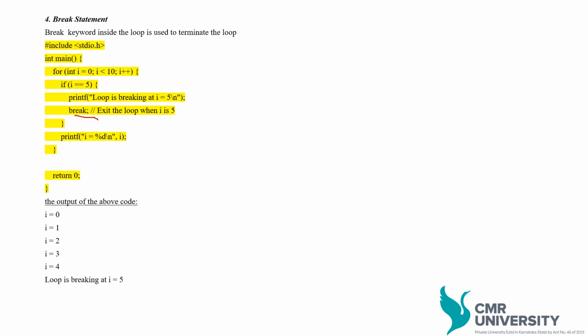When the loop is broken at i equals 5, backslash n means new line, it will break the loop. So again, we can continue the program by adding new syntax, but we can break. If you see the output for the above code, when the values reach 5, it will break the loop at 5.